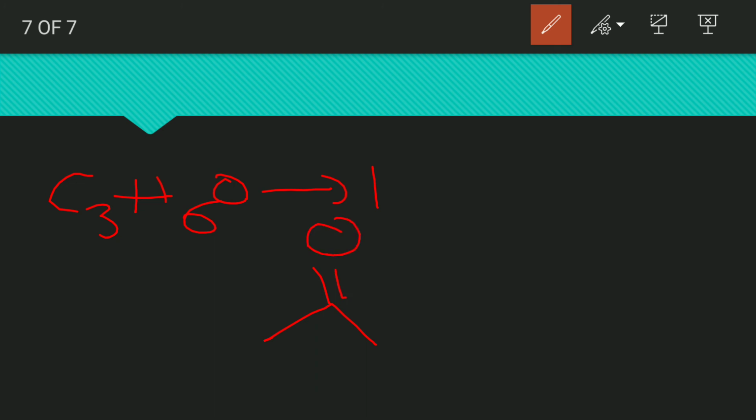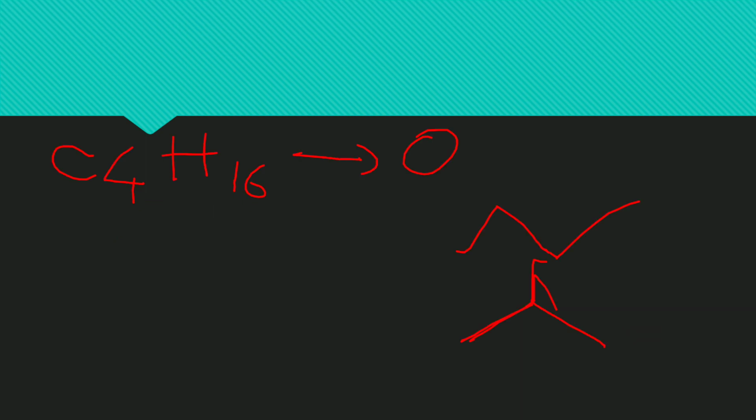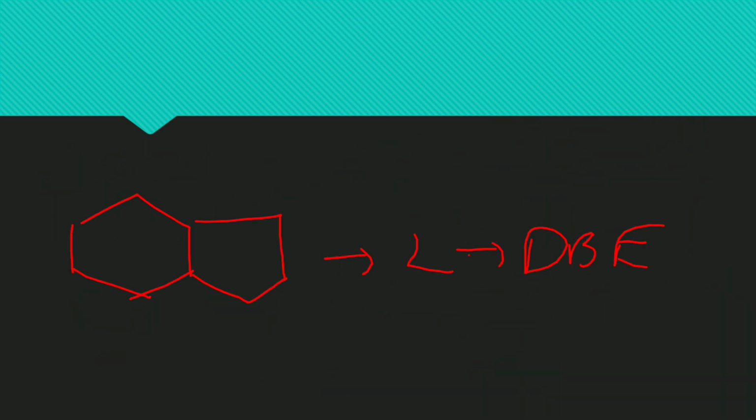This could be the structure, and this could be the structure, and many more. So it could be a ring, right? So you can predict the structure using DBE value.